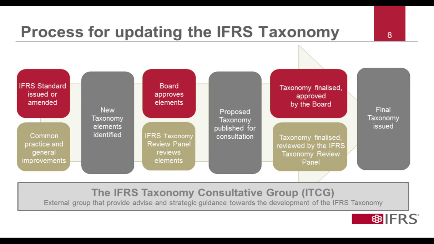We usually allow a comment letter period of 60 days, and this is the time when we specifically invite comments from all stakeholders. After the comment period, the feedback is summarised and presented publicly, often at an ITCG consultative group meeting. Subsequently, a final update is made to IFRS Taxonomy, finalised and published on our website.